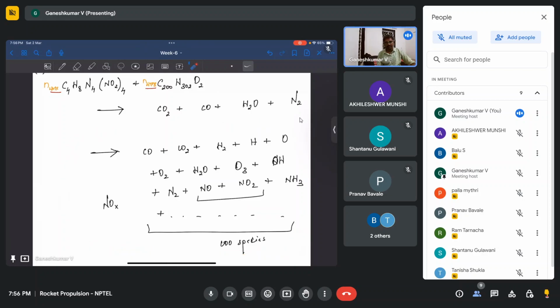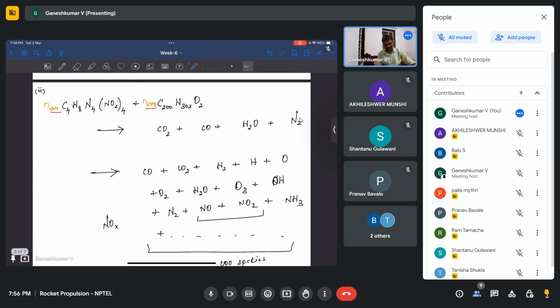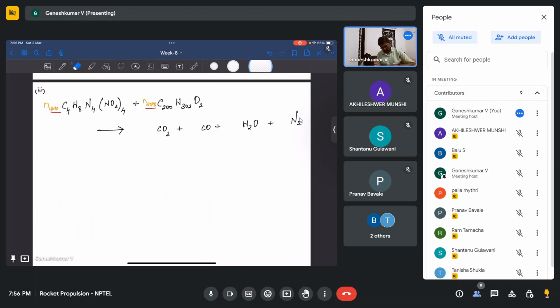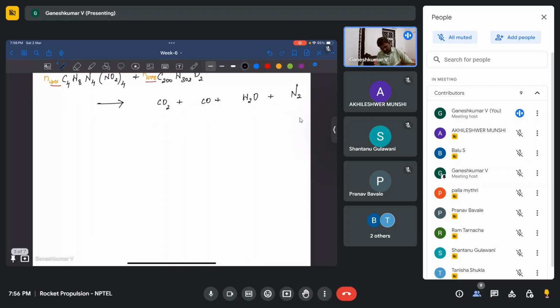What we will do here is take a few arguments. Last week we had the argument in the question itself. Here we are going to assume certain arguments. They are simple. First, all the hydrogen present gets oxidized, so all the H becomes H2O.